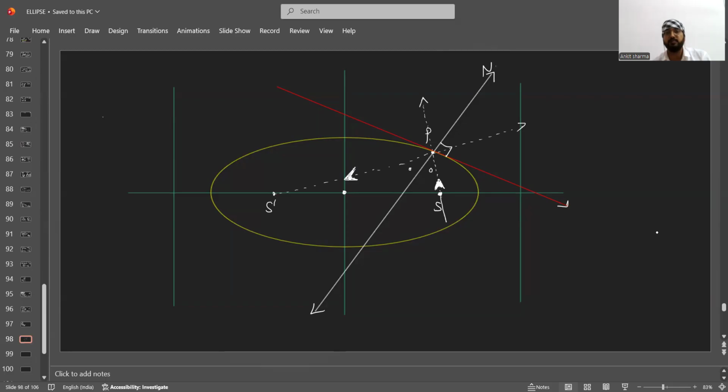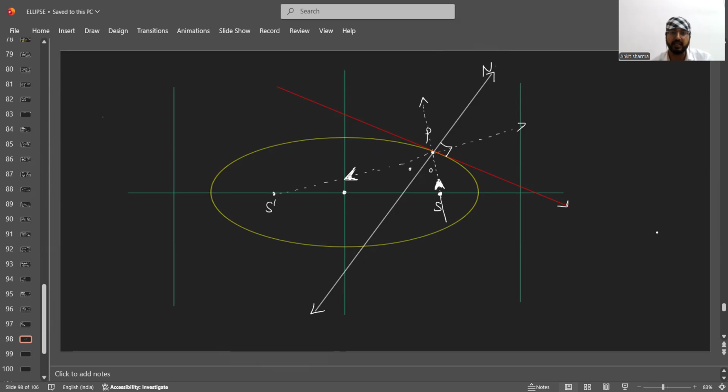The reflection property of an ellipse states that an incident ray passing through one of the foci of the ellipse gets reflected from the ellipse and passes through the other focus. And the most important point is that the tangent and normal are the angle bisectors for the incident ray and reflected ray of the ellipse.